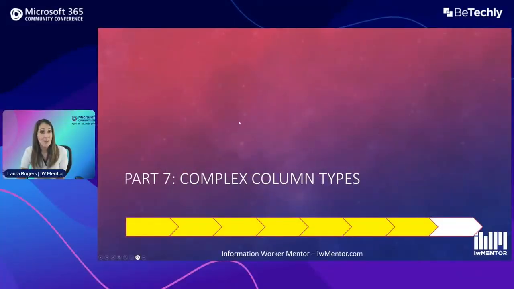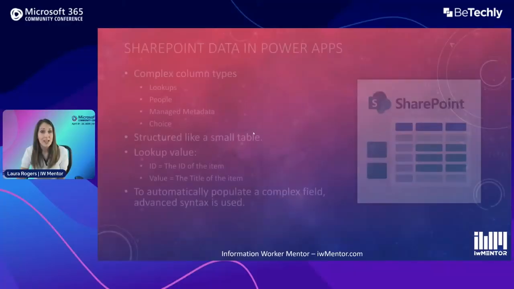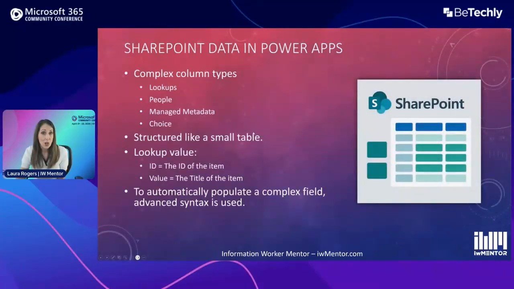Another thing that's really important when you're working with SharePoint data in your Power App is that SharePoint has certain types of columns that are considered complex columns, and they require a little bit more advanced setup when you need to do things with them, like give them default values and make them more dynamic.